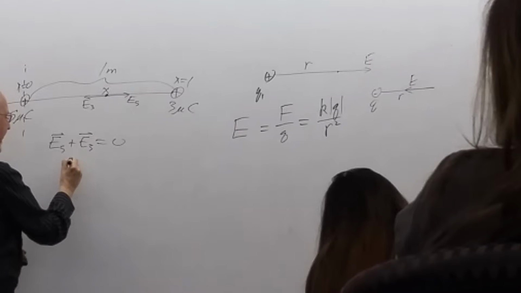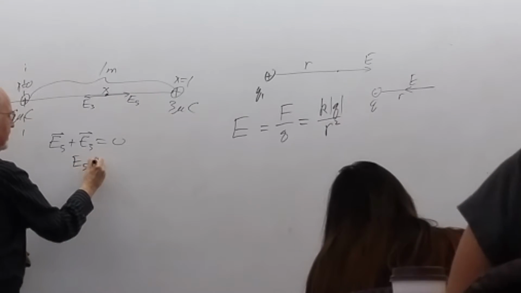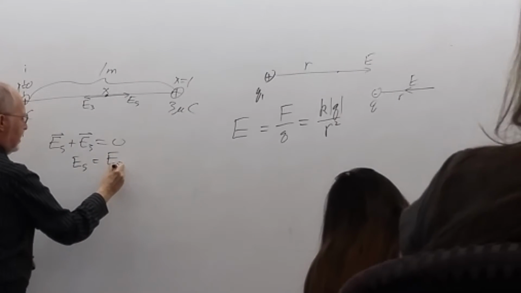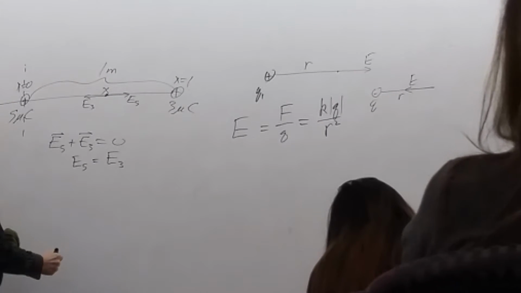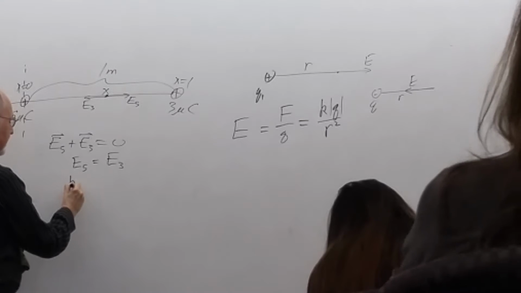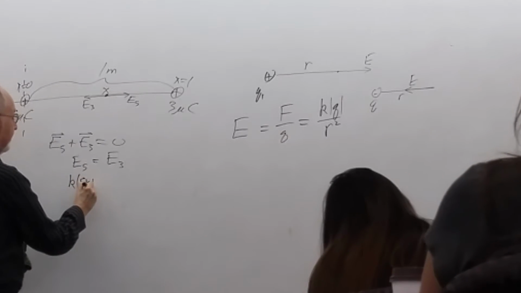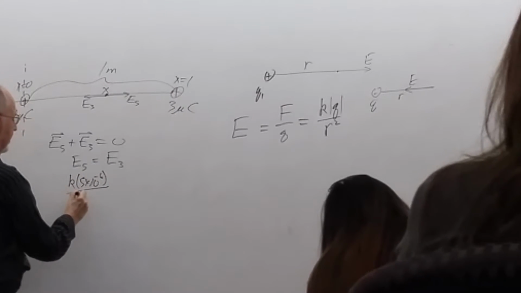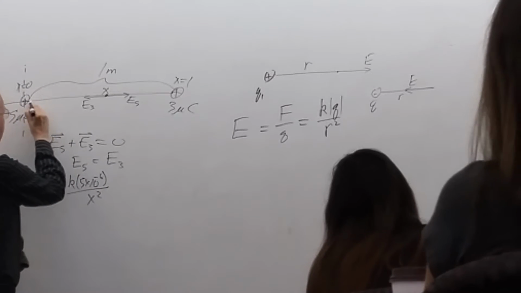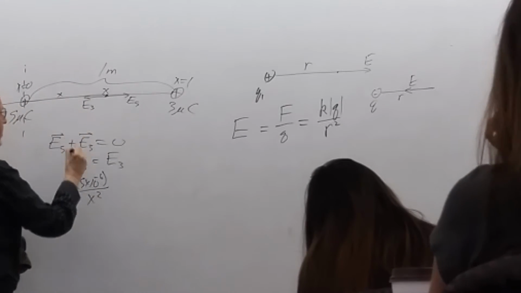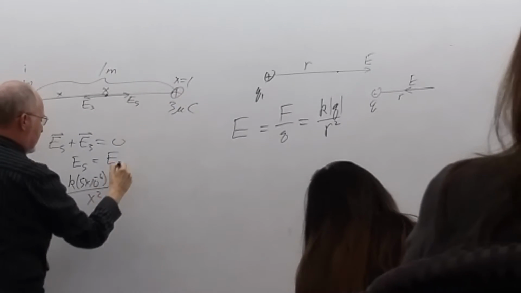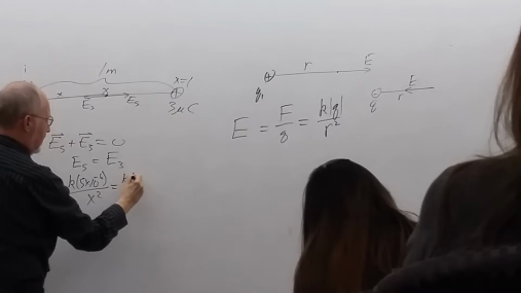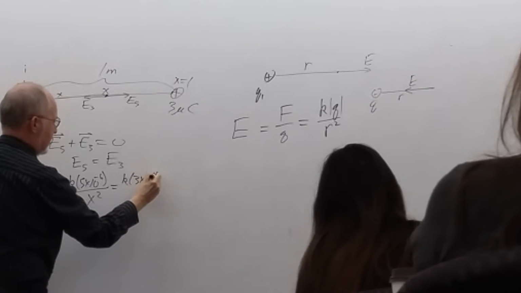Or the magnitude of E5 is going to equal the magnitude of E3. What's the magnitude? Well, that's the k times the 5 times 10 to the negative 6, divided by x, that distance, squared. And the magnitude of this one through this charge is going to be k times the 3 times 10 to the negative 6.